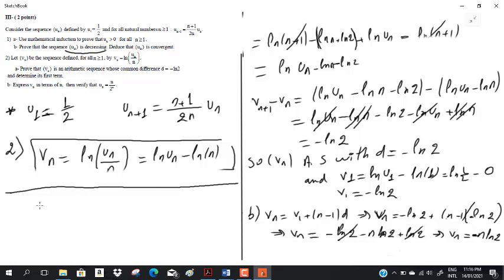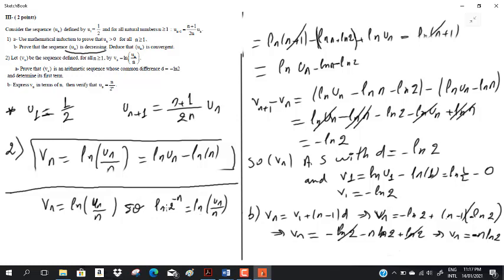We have Vn equal logarithm of un over n, and Vn is minus n ln 2, or ln 2 power minus n, equal logarithm of un over n.